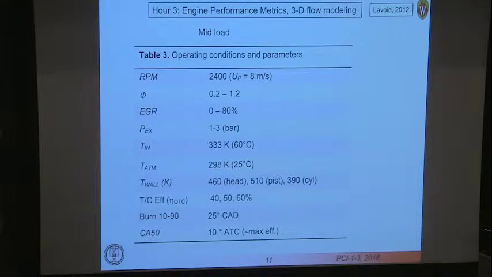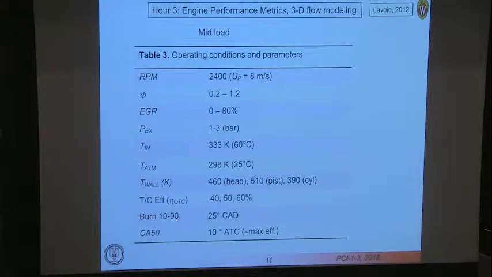shown here. Wall temperatures. Remember I mentioned how you have to guess at what the head, the piston, and the cylinder liner temperatures are? Well, here's their guesses. The turbocharger efficiency. Remember we said 70%? Well, here they're looking at a variety of different turbocharger efficiencies to see the effect on the results.